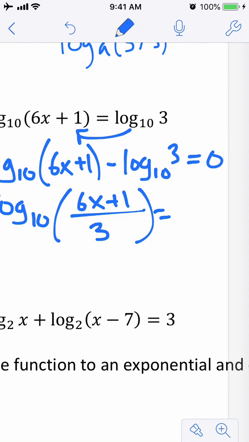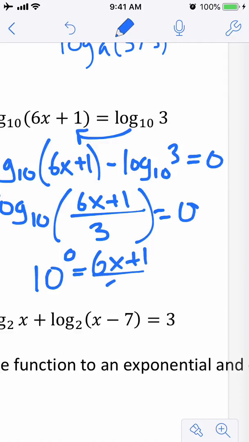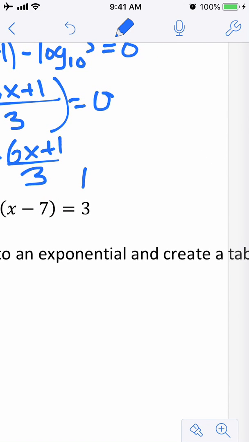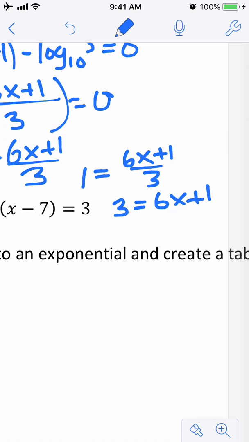Now I'm going to circle. 10 to the 0 equals 6x plus 1 over 3. What's anything to the 0 power? That's right, it's 1. Okay, I'm going to run out of room for this problem. So you know what I'm going to do? That's fine. I'll just go over here. So I have 1 equals 6x plus 1 over 3. Multiply that to the other side. You get 3 equals 6x plus 1.